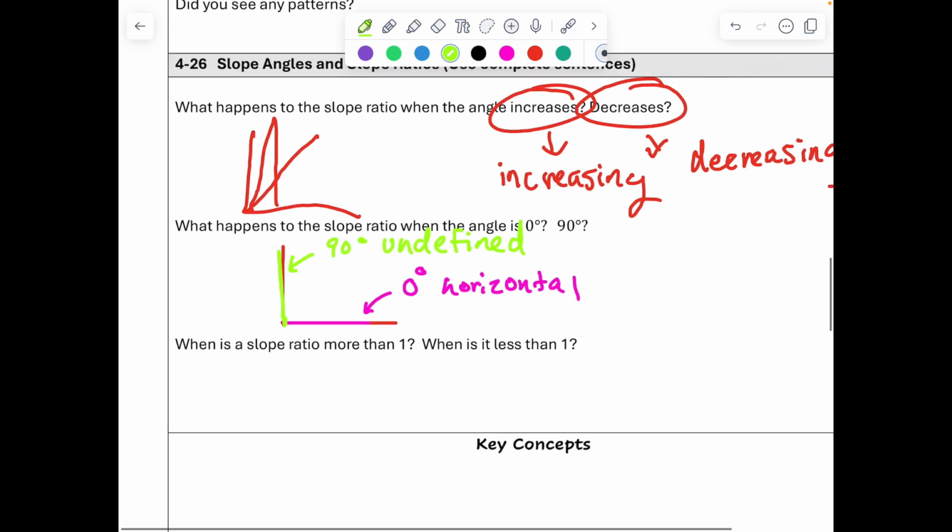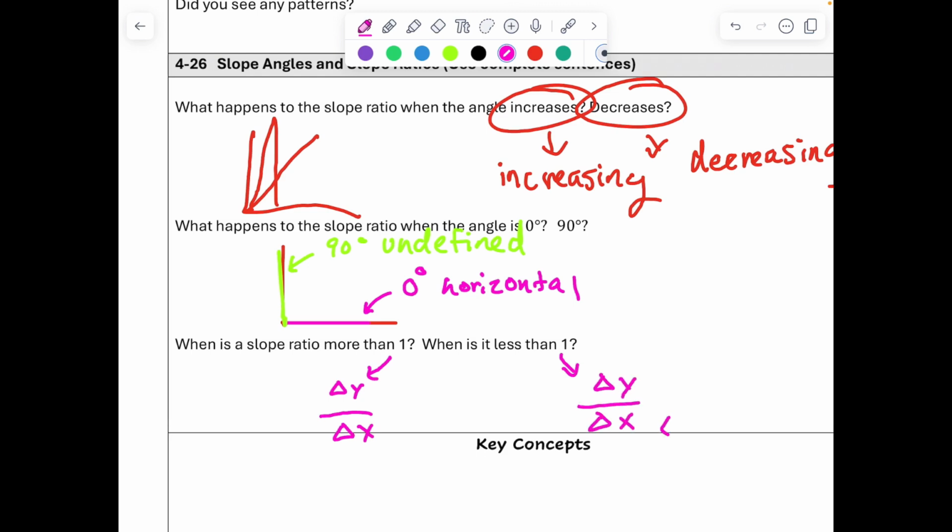And then when the slope ratio is more than 1, so when we have a fraction that's more than 1, that means the top number is bigger. So that's when the change in y would be bigger. When it's less than 1, the change in x would be bigger. So when our change in y is bigger, the slope ratio is more than 1.